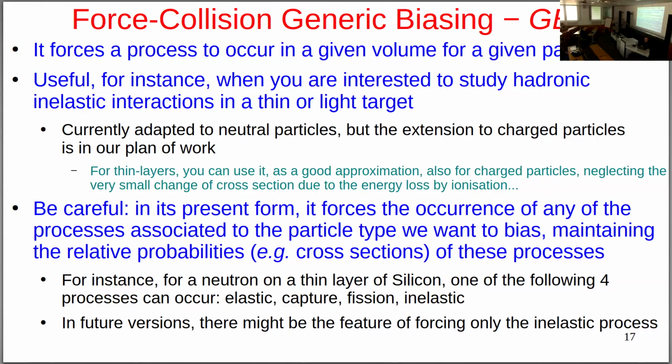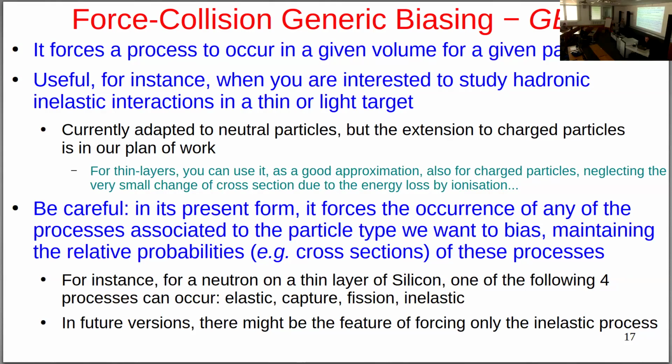In the current form, as it is, but there is a way to change it, it basically treats, suppose that you have a neutron and you want to force an interaction of a neutron on a thin target of silicon, let's say. This means that one of the processes associated to neutrons will occur for sure in that thin target. These are elastic, capture, fission, and inelastic.